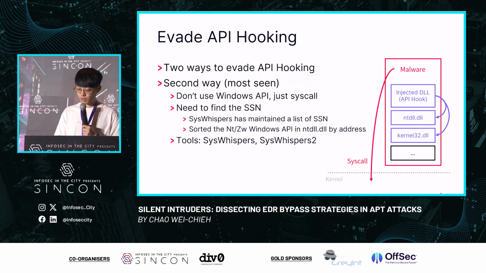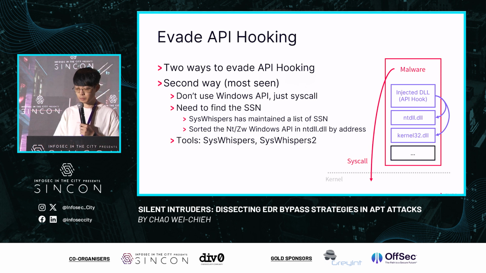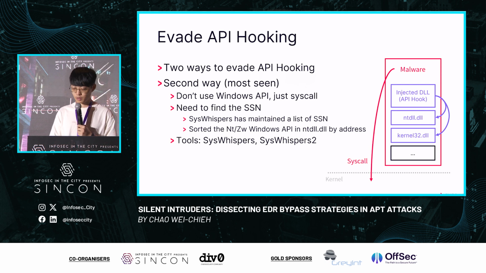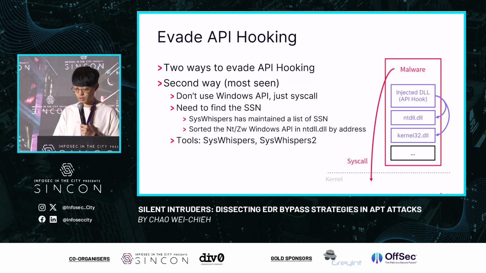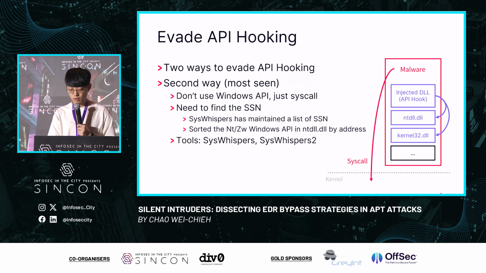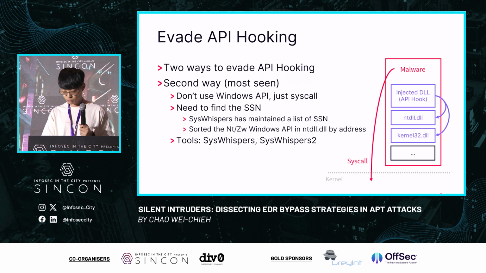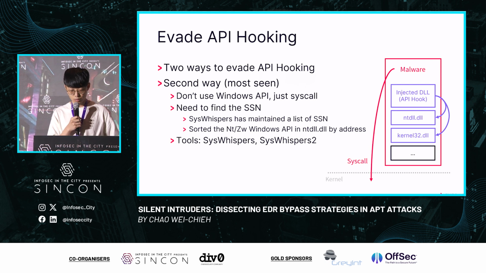Because the addresses in the NTDLL are actually arranged in the order of SSN, by simply sorting the addresses of the Windows API, we can immediately get a complete list of the SSNs. This is also implemented in SysWhispers 2, so you can also use this tool directly.